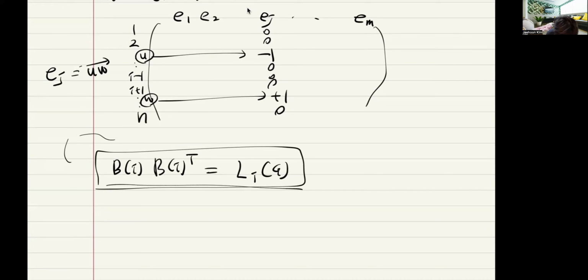This is easy to see, because if you take the original incidence matrix times its transpose, what do you get?